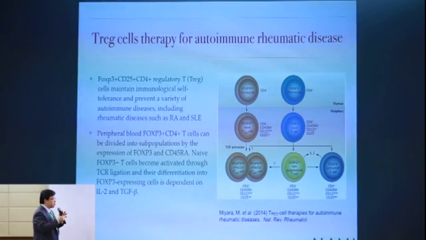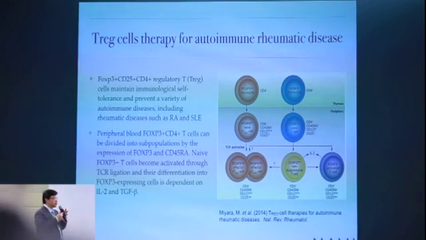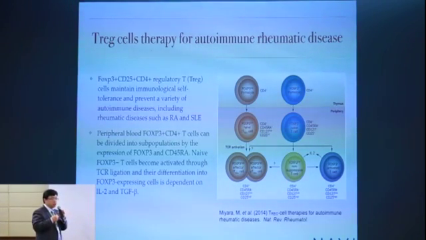If it overreacts, we get autoimmune disease or allergy. So when we have autoimmune disease or allergy, it means our immune response is overreacting. For diseases like autoimmune rheumatic disease, we can use Treg cells to suppress the overreaction of the immune function.